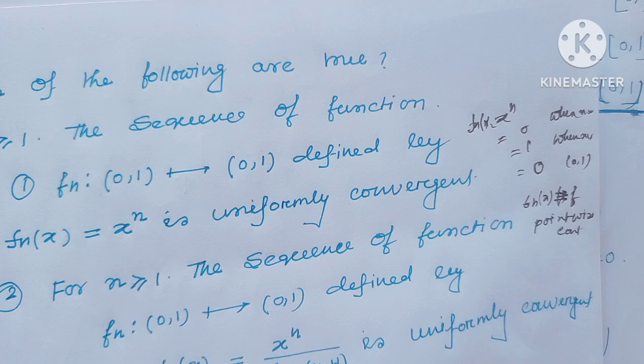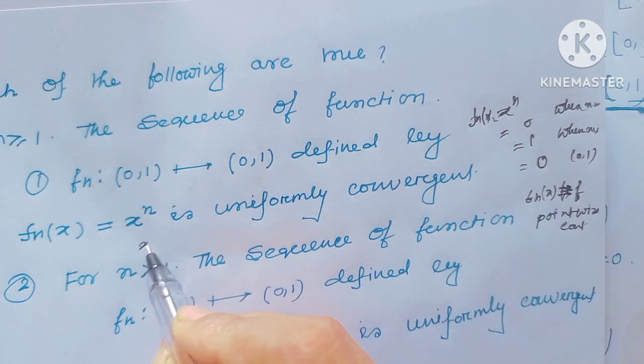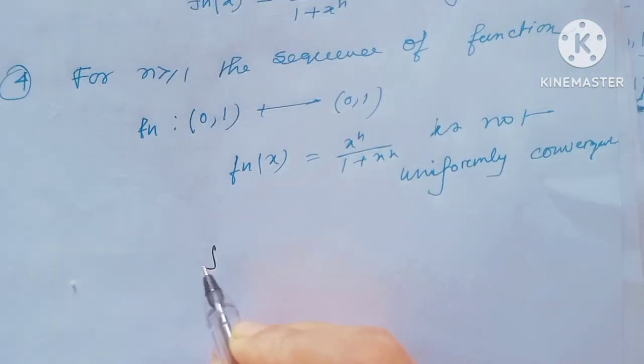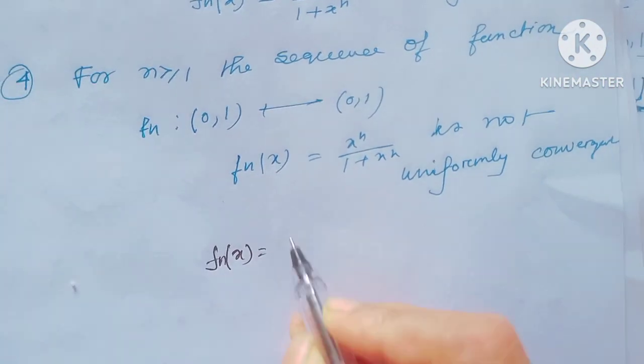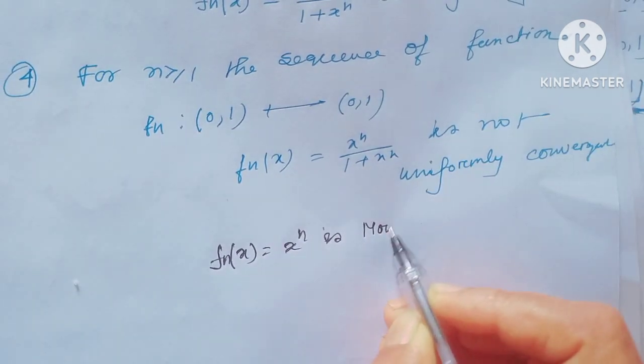Another method: we all know fn(x) equals x to the power n is a monotone increasing function.